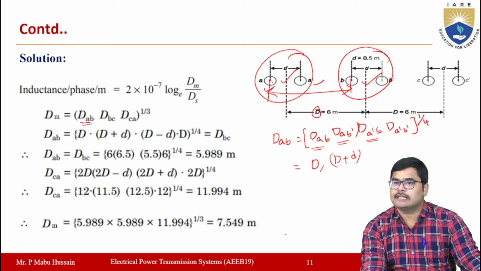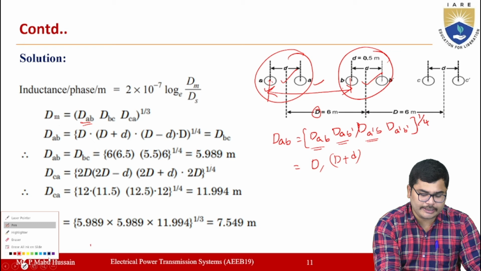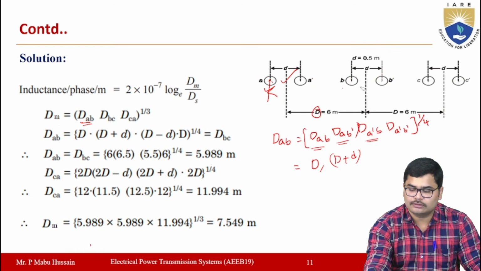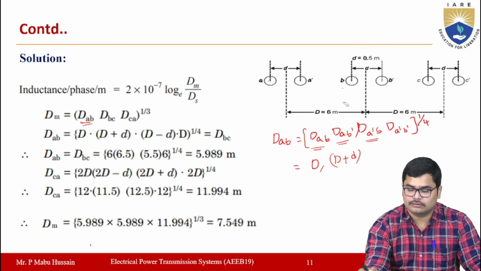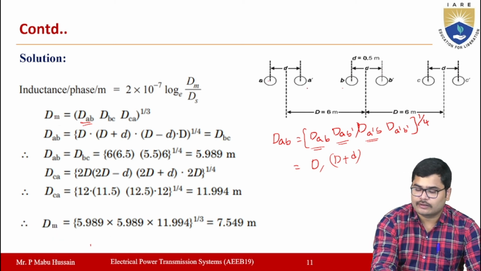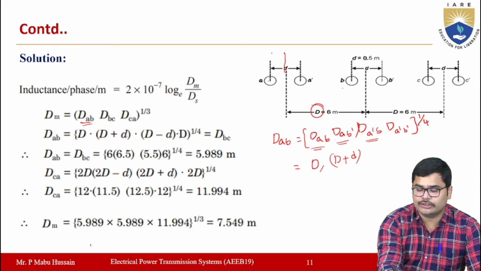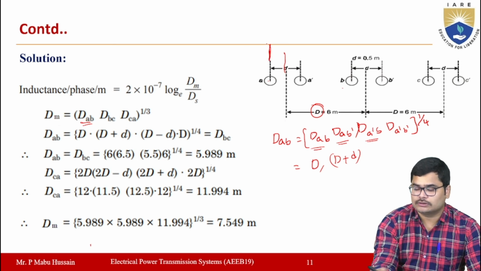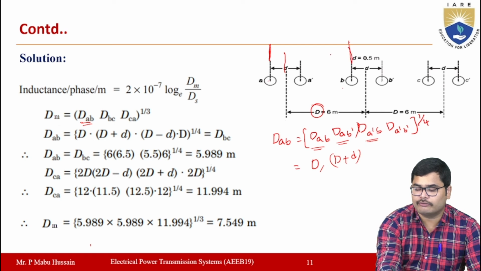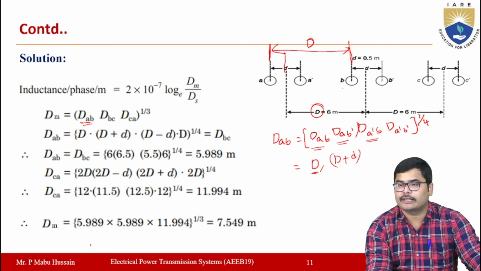Let me show you again. See here, from center to center, the distance is capital D. Now if you adjust this up to here, then from here to here you will get the same, capital D. So DAB is capital D.